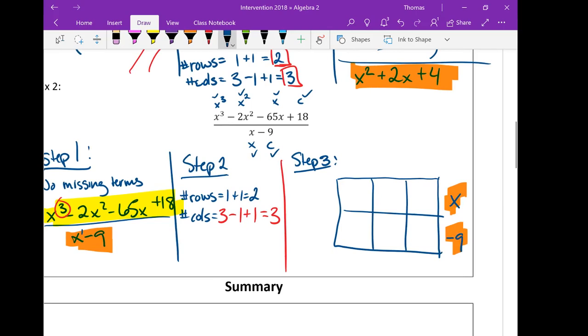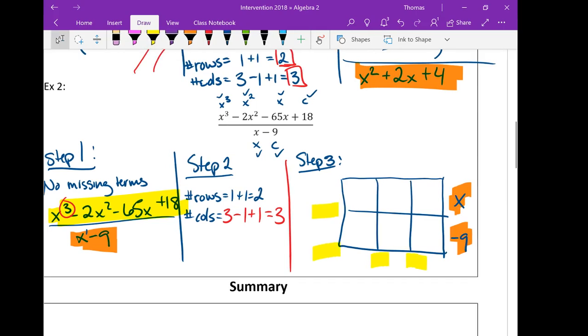Our totals, or the numerator in yellow, are going to be filled in each of the diagonal total spaces. Kind of make little arrows for them. Totals need to go like that. The biggest total is x cubed. The next biggest is negative 2x squared, negative 65 x's, and then plus 18.